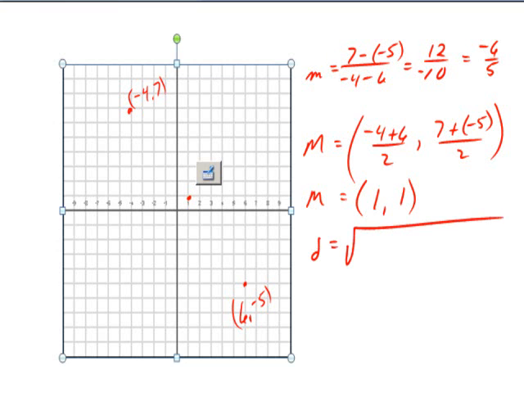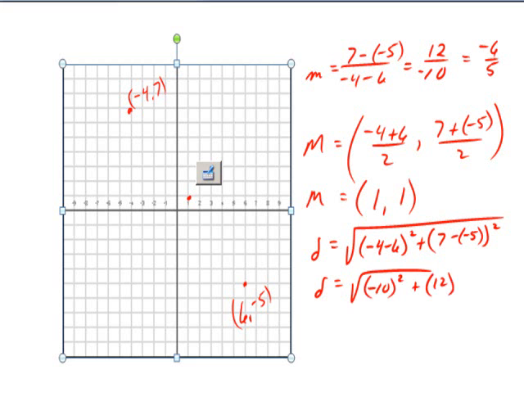And for the distance, using the distance formula, the difference between the x's would be negative 4 minus 6 quantity squared. The difference between the y's would be 7 minus a negative 5 quantity squared. I have negative 10 quantity squared plus 12 quantity squared.